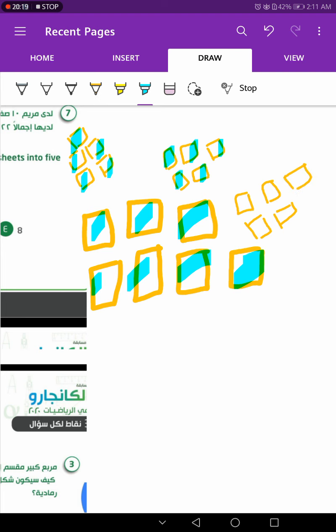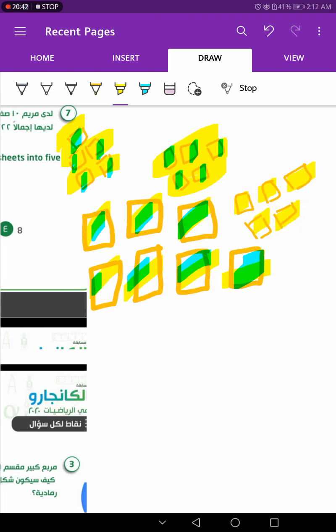Now count. We have 7 here and 10 here, 10 here, 5 and 5, 10, and we have 10, 11, 12, 13, 14, 15, 16, 17, 18, 19, 20, 21, 22.